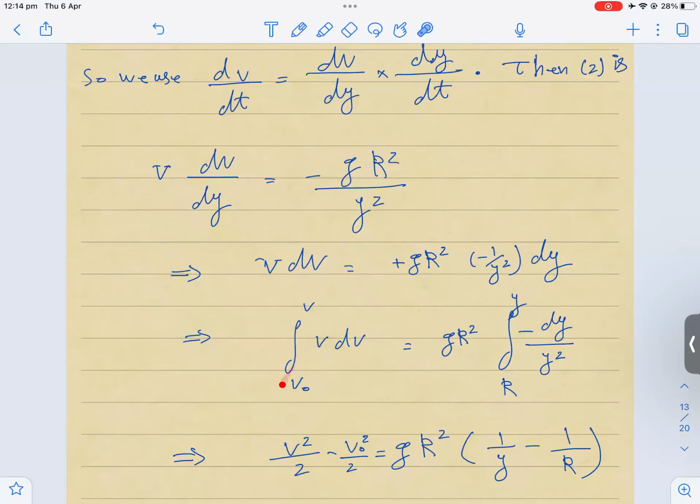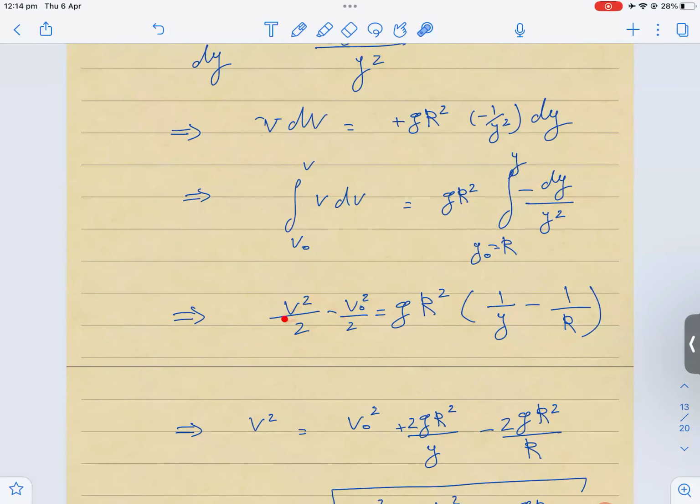What I did differently compared to the tutorial solution is integrate from v0 to v and from y0 to y, because the rocket starts from the ground. So I've got v squared, and the integration of this one, substituting the boundaries, gives g r squared coming here, and this guy is 1 over y.